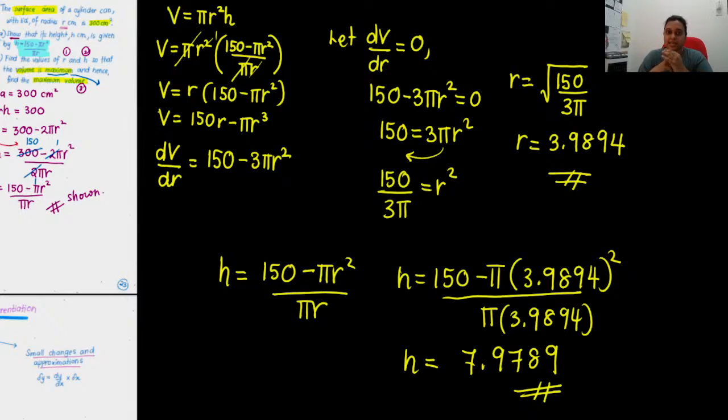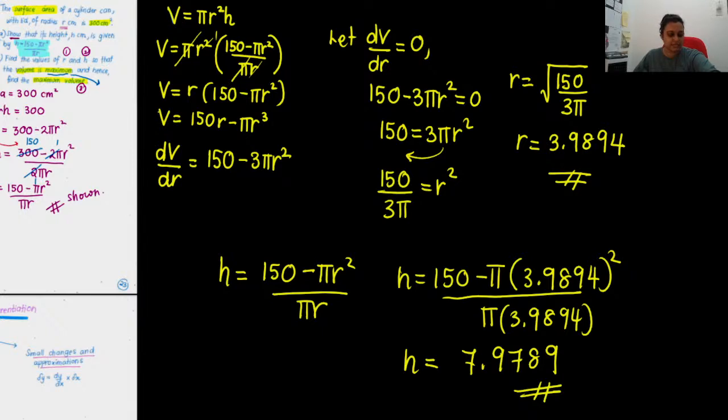So if you use 3.142 or 22 over 7, the decimals might change a bit, because the actual value of pi is very long, 3.1415926. If you take 3.142, it's not wrong, but the decimal value, the behind part, will change a bit. That's all, it's still correct.